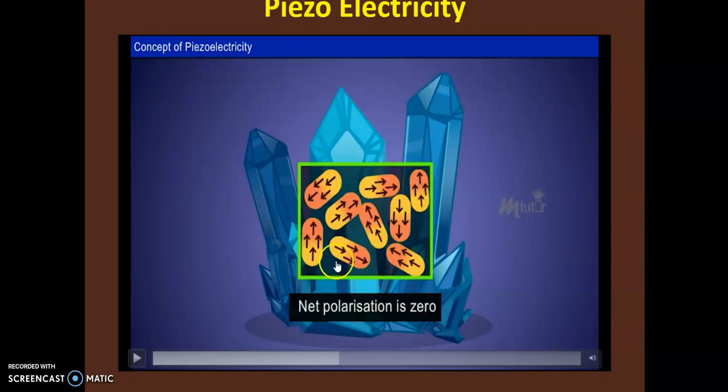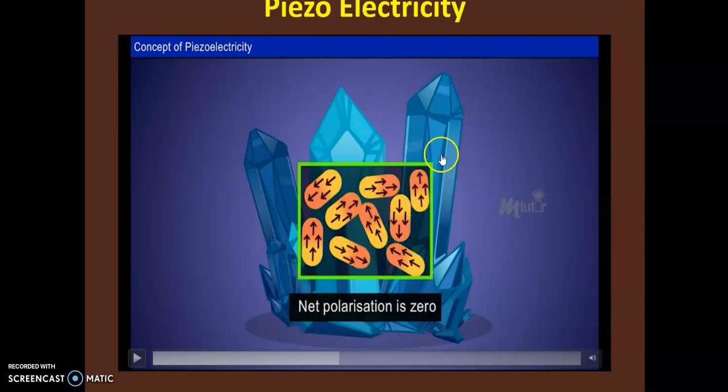Now when you place such a material in an electric field, what will happen? Dipole moments are nothing but charges, positive charge and negative charge. So this negative charge will get attracted towards positive. So the whole dipole moments will orient parallel to the applied electric field. Okay, so that is called orientation and reorientation of the dipole moment.